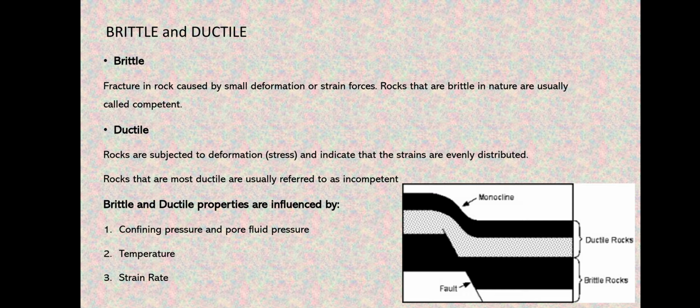Okay, next is brittle and ductile. So brittle is a fracture in rock caused by small deformation or strain force. Brittle rocks in nature are usually called competent, and brittle rock usually cracks or ruptures under stress.